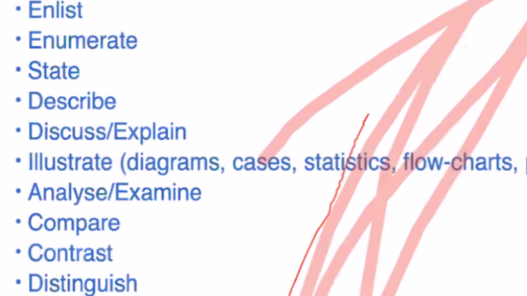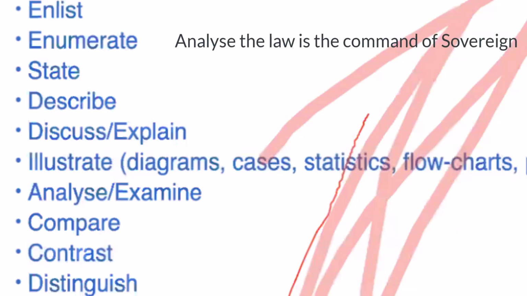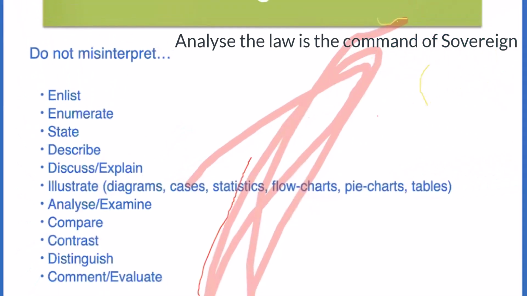They are scientific expressions. So if the question is analyze, law is command of the sovereign, analyze. Okay, the idea is the paper setter wants you to break it down into component parts. So you'll have to deal with what is law. First of all, who gave this expression? John Austin. So when he gave this expression, what is his idea of law?